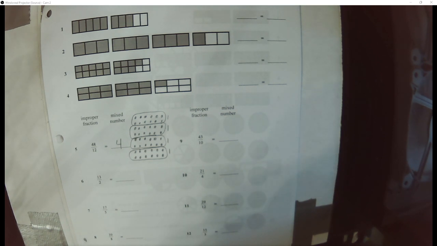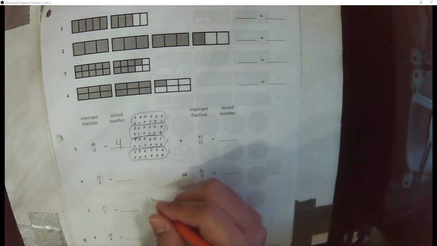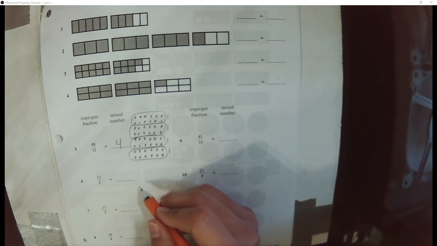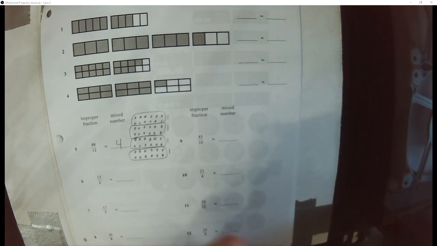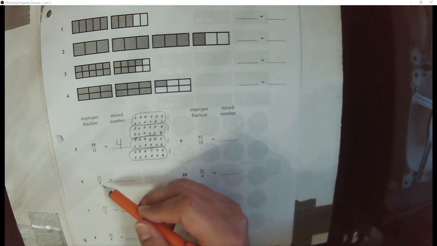Especially when there's another way that I could use to figure this out. One of those ways is actually using our number songs. We're going to try that on the next one.